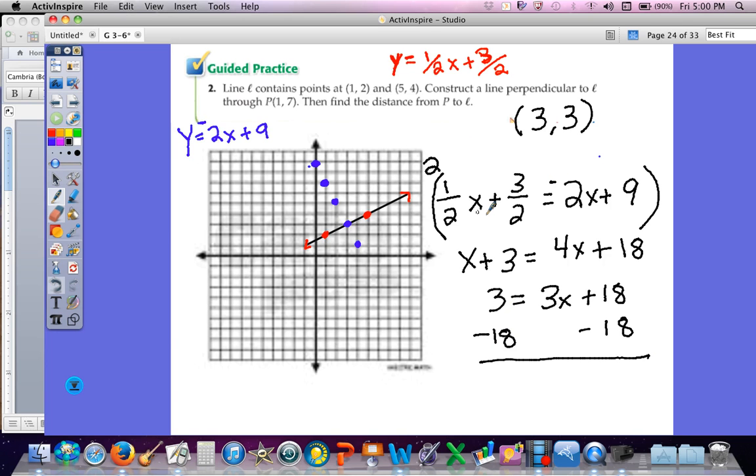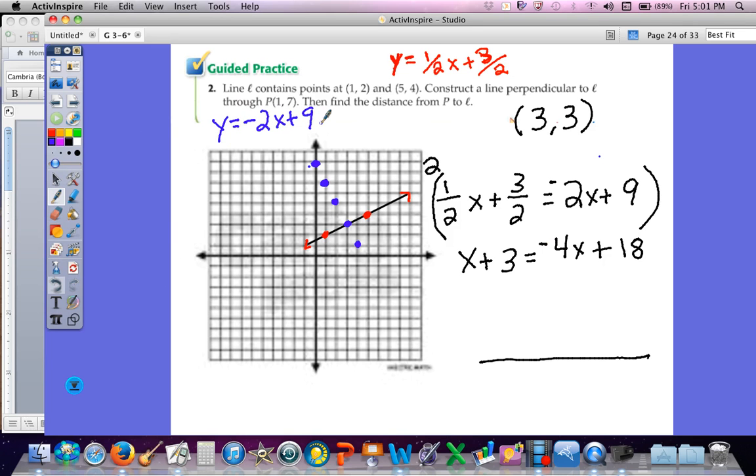I wrote that -2 up there, and then when I copied it, I didn't see it. That's what happens when I get sloppy. That should be -4x. So let me rewrite this. I say it all the time. When I get sloppy, I make mistakes. It was y equals -2x plus 9. If you're watching the video, maybe you caught that and said, oh no, Mrs. Falk. So now, back to my black pen.